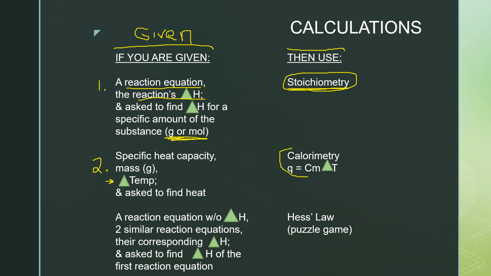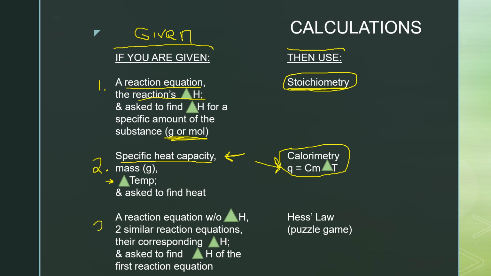The big clue is this first one, specific heat capacity. If you are given the specific heat of a substance, chances are you're going to use this calorimetry formula, because this is the only formula that takes into account the specific heat of something. The calorimetry formula is Q equals capital C times lowercase m times delta T. Capital C is specific heat, lowercase m is mass, and delta T is the change in temperature.